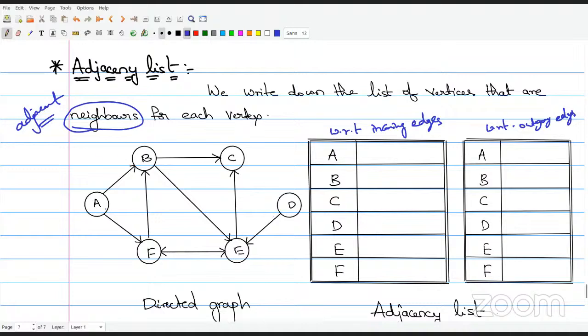For A, there are no incoming edges at all, so there will not be any incoming neighbors. The set will be an empty set.